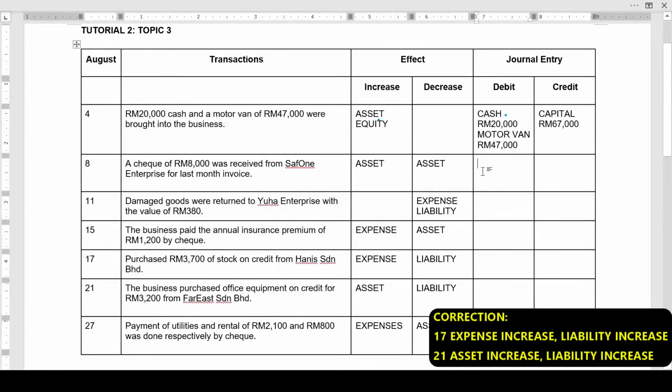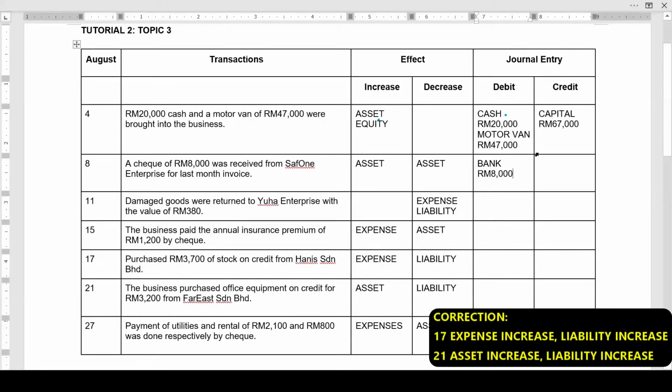Next. Increase in asset, debit. Which asset account increase? Check. Check is cash at bank, so record as bank, RM 8,000. Do not record as check. Record as bank, which represents cash at bank. Asset decrease, credit.